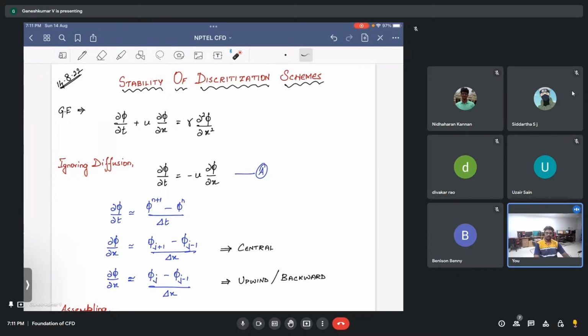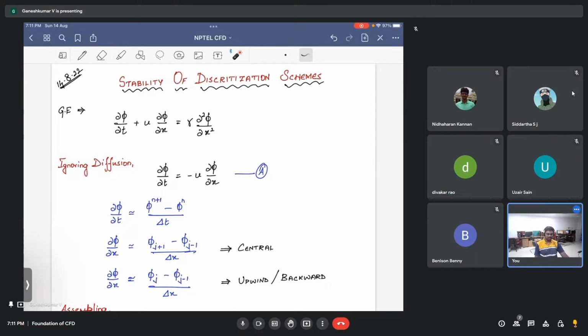Basically, you won't derive the discretization scheme. The schemes are already available. You will just implement them and get the results. That's what all the CFD practitioners will do. We won't derive any schemes.